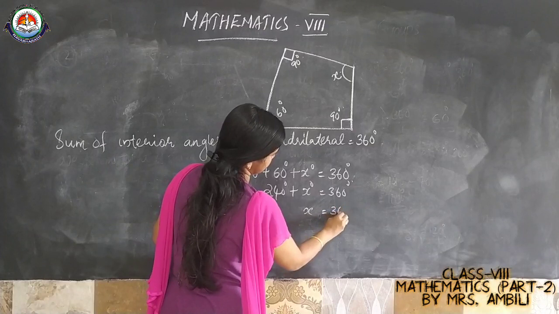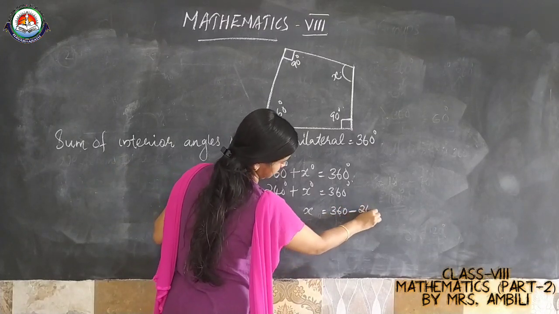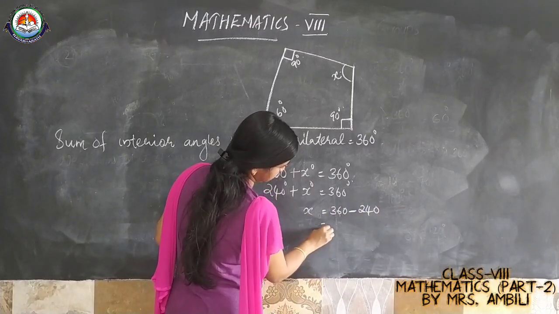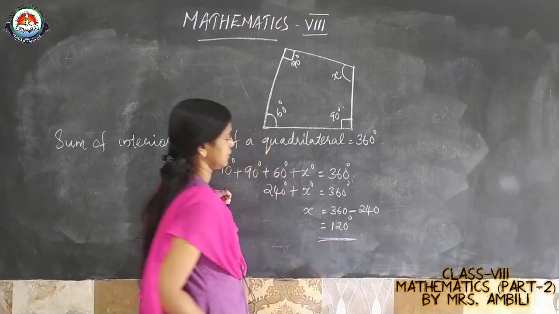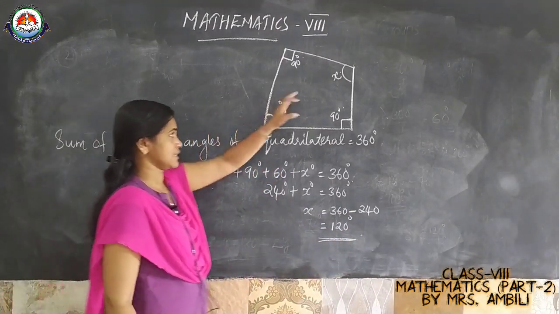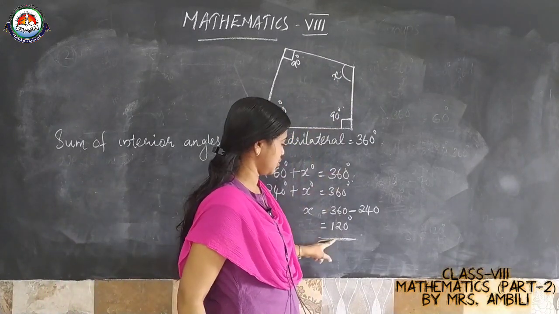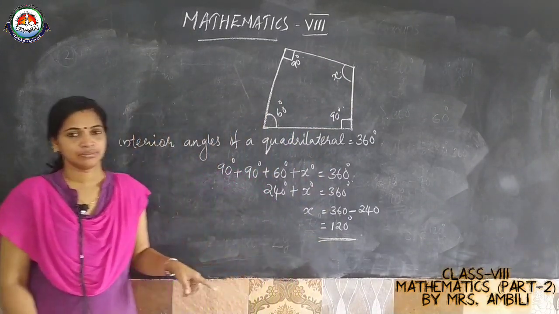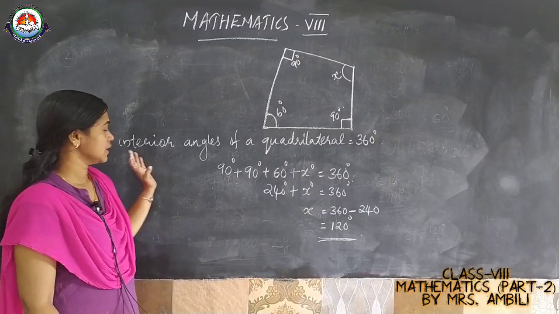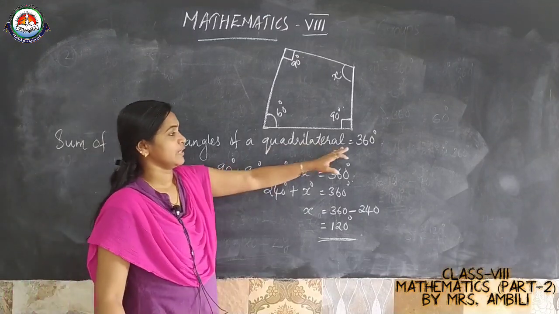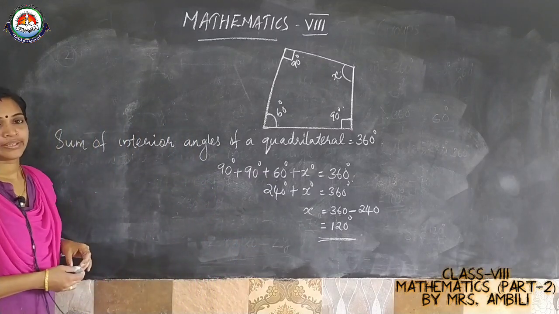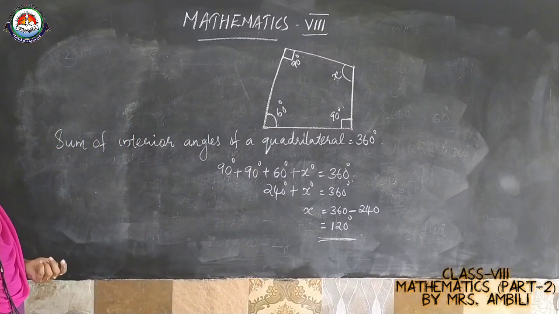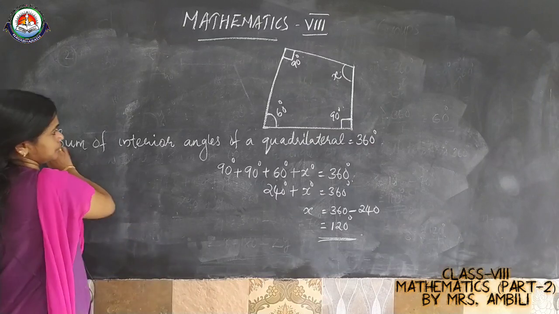X equal to 360 minus 240, equal to 120. So, this measure of angle x equal to 120 degree. Simple question. Okay. So, we know that sum of interior angles of a quadrilateral 360, you apply here and find out the values. Okay? Okay. The next question.